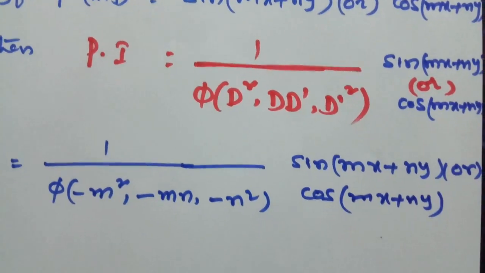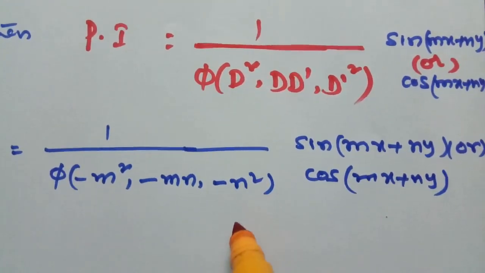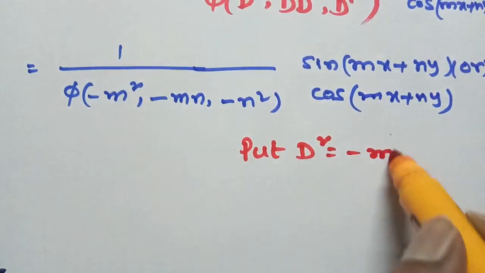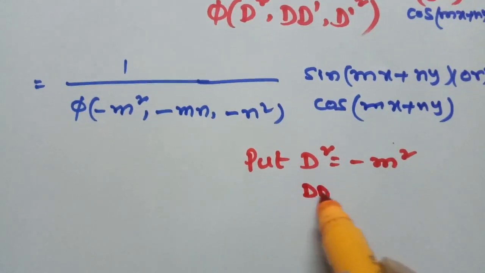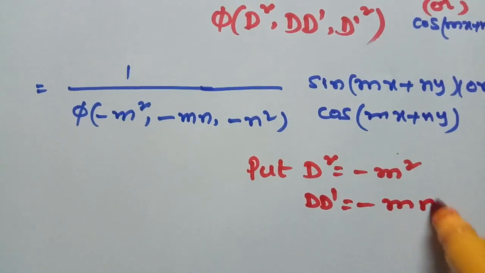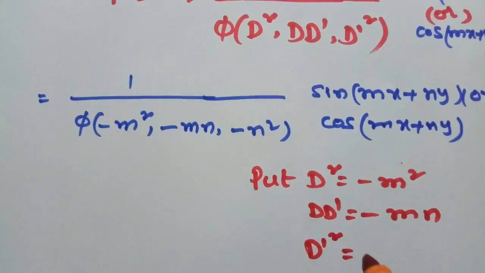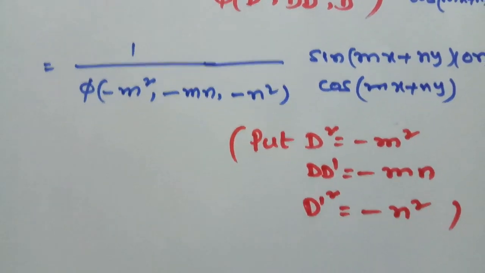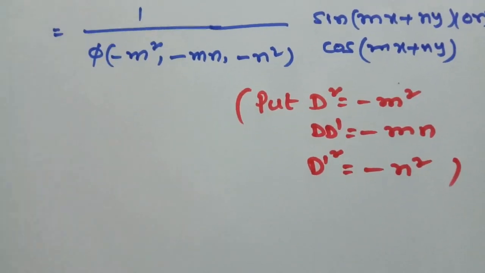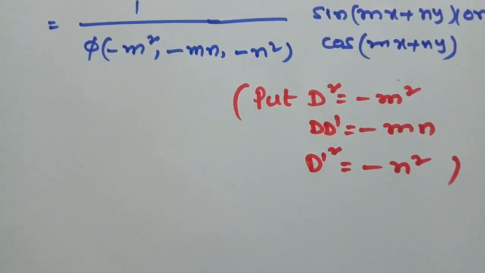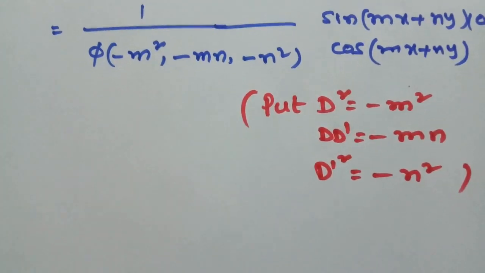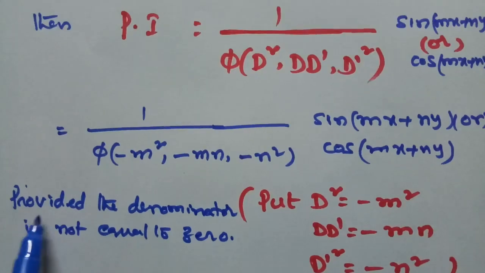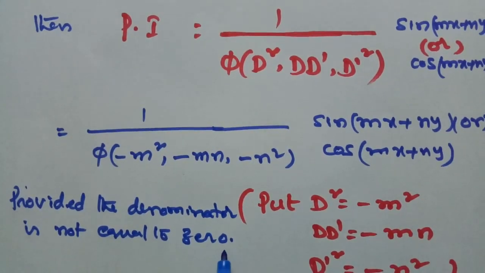Here it is obtained by replacing D square is equal to minus m square, D D dash is equal to minus m into n, D dash square is equal to minus n square. Here in the given equation we are replacing capital D square by minus m square, D D dash by minus m into n, D dash square by minus n square, provided the denominator is not equal to 0.